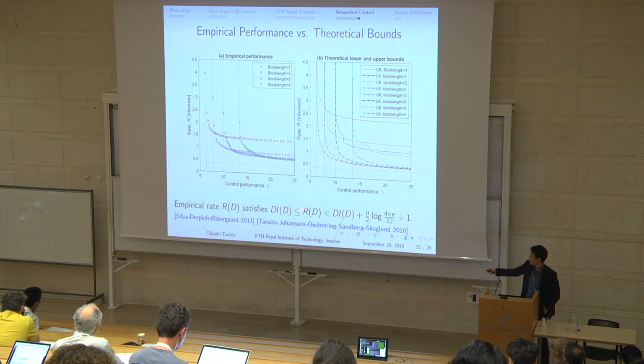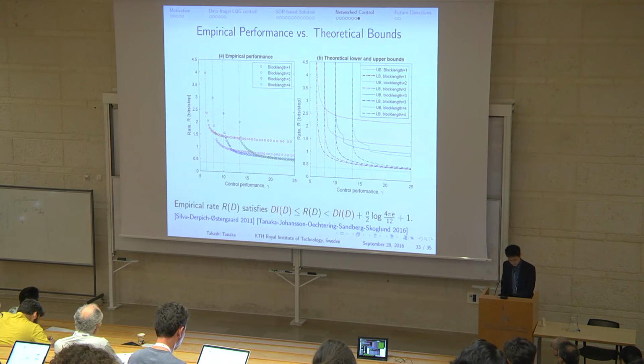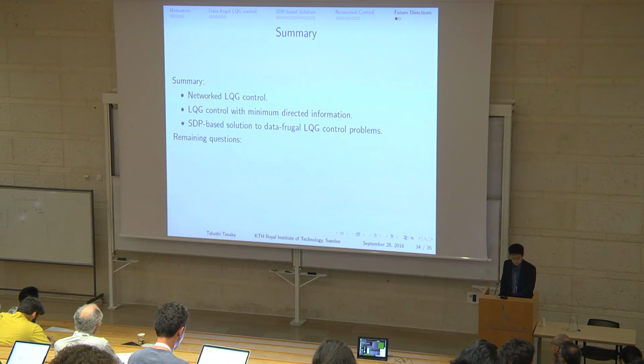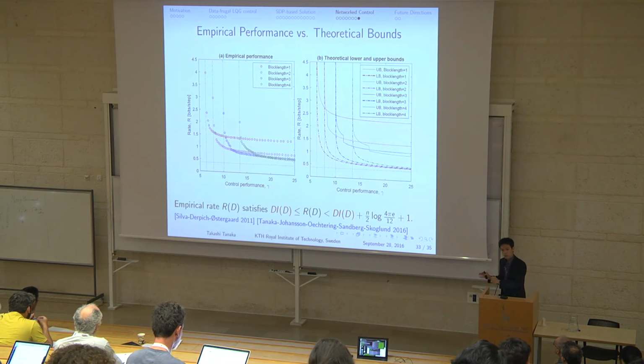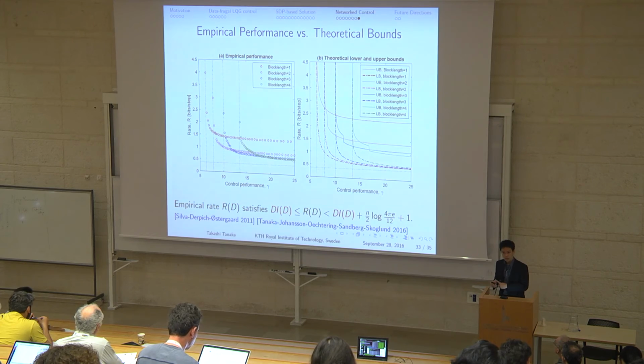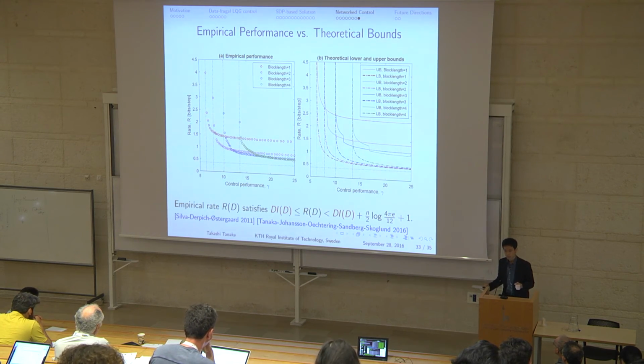So we can achieve this data rate, which is very well predicted by directed information. Right, so through this example, what I wanted to show is that directed information is a very meaningful quantity to describe the fundamental limitation of the data rate that you need to achieve certain control performance.